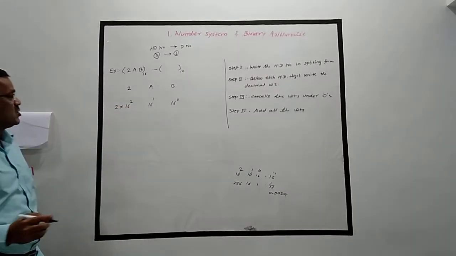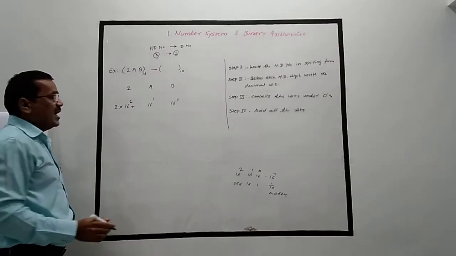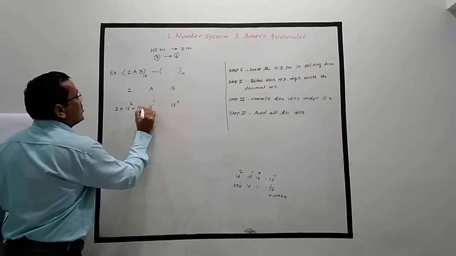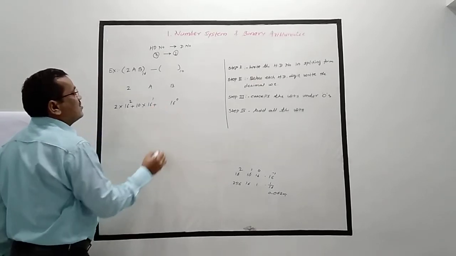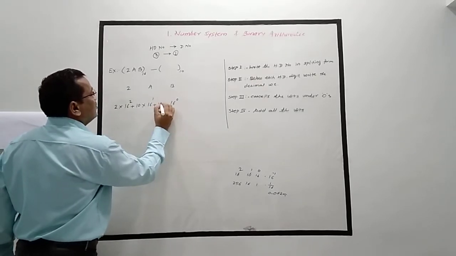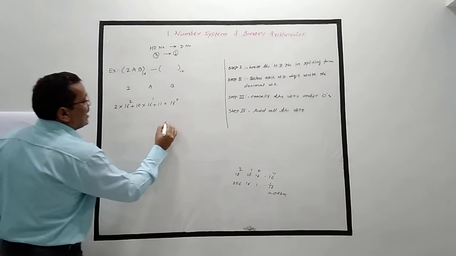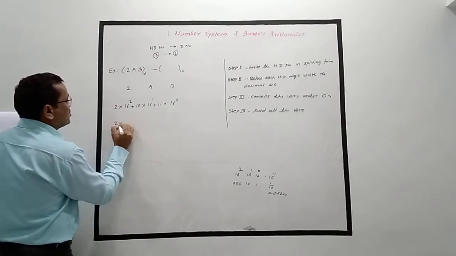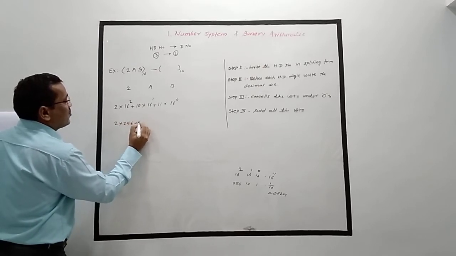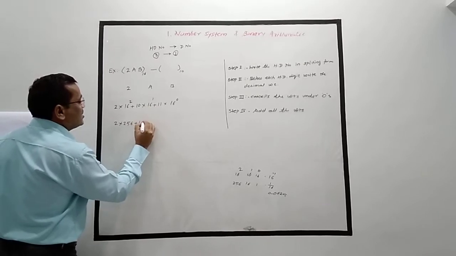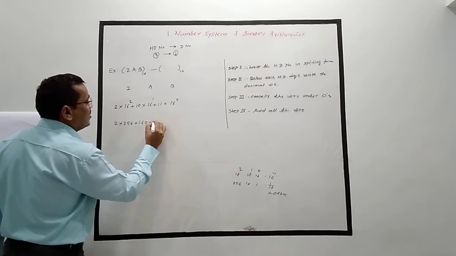So 2 into 16 raised to 2 plus, A stands for 10, so 10 into 16, plus B is equivalent to 11 into 16 raised to 0. That means we can write 2 into 16 raised to 2, which is 512, plus 16 into 10, that is 160, and 16 raised to 0 into 11, that is plus 11.